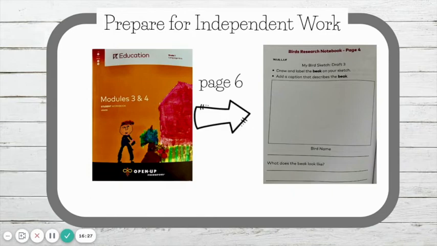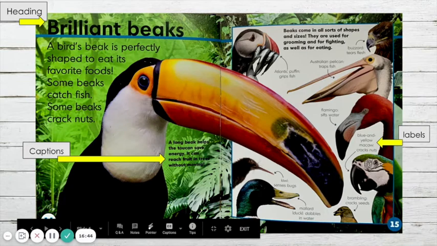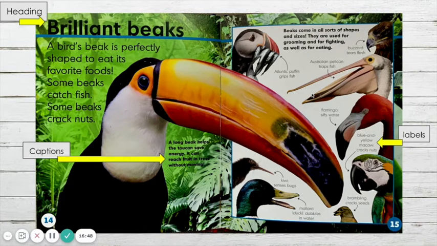Now, before we really dive into this and I show you the bird that we're going to use, we need to go backwards and take a look at this. When the illustrator was showing us the beaks, did they draw the whole bird, or did they really just show us the head and the beak? That's right, they zoomed in on just the head and the beak.